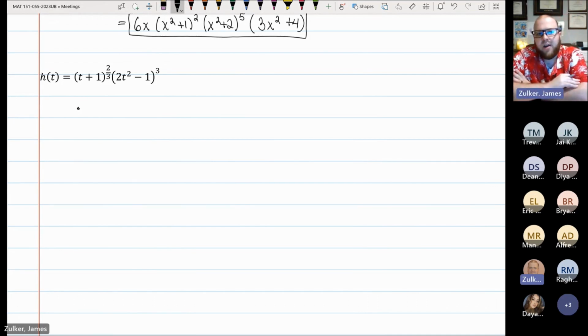So if you want to write this out, what you're going to need is the derivative of both of those functions.